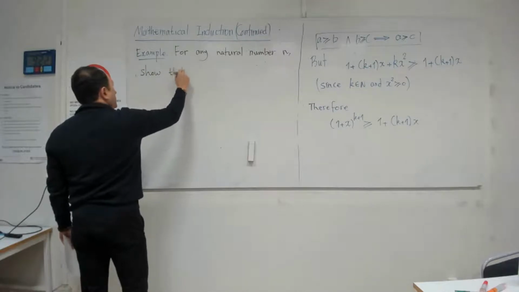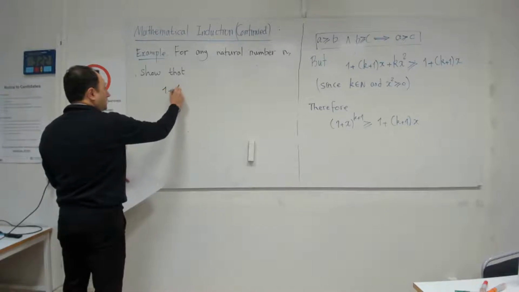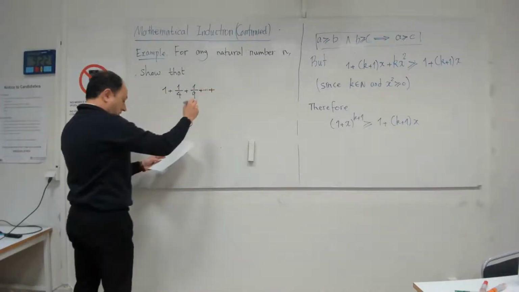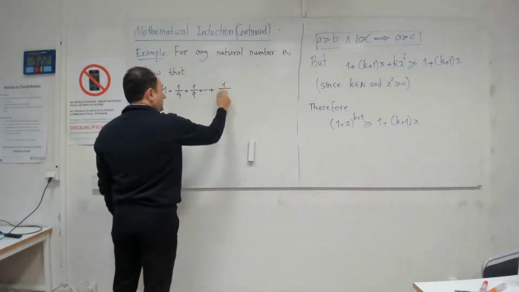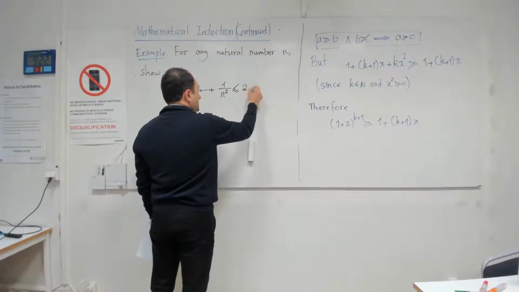So let us do this together. 1 plus 1 over 4 plus 1 over 9 plus up to 1 over n squared is less than or equal to 2 minus 1 over n.